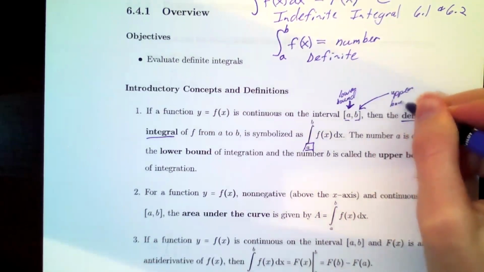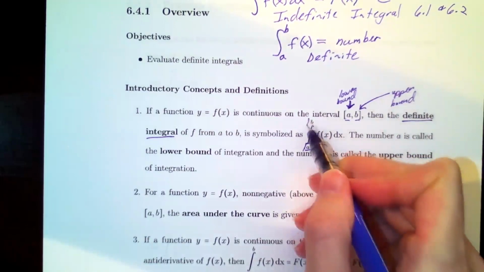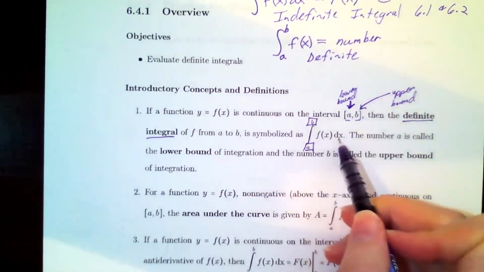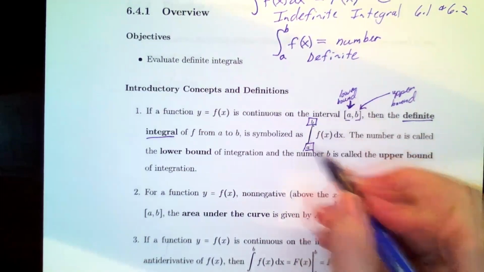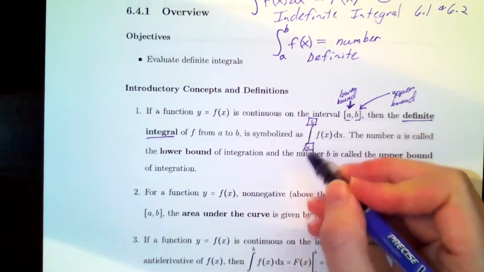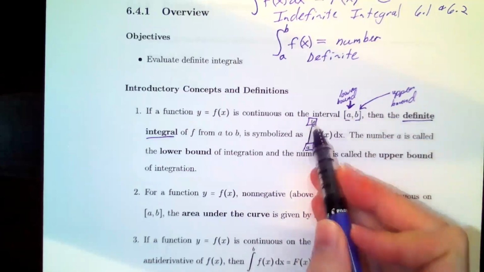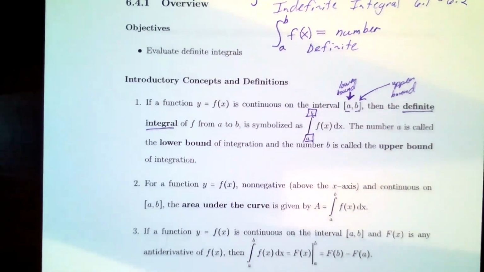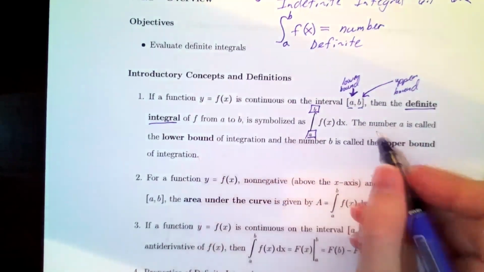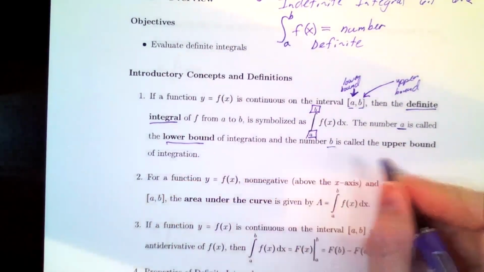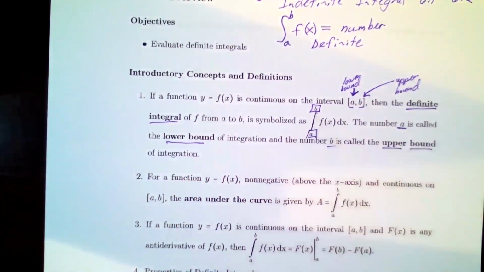And symbolically, we always put that on our little integration symbol up top. So we have the integral of little f that we're going to find to be evaluated from lower bound a to upper bound b. So you put whatever those numbers are, top and bottom of your integral sign. As I mentioned, a is the lower bound, and b is called the upper bound. Put it on top of the little integration sign.